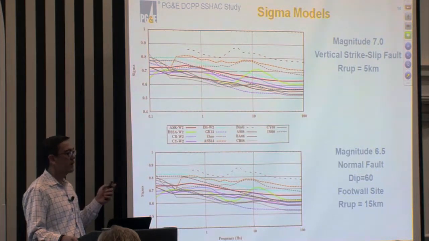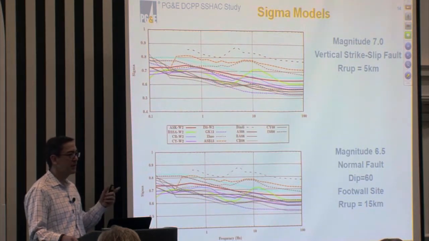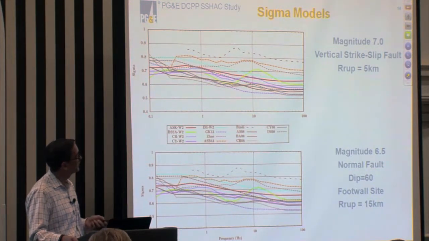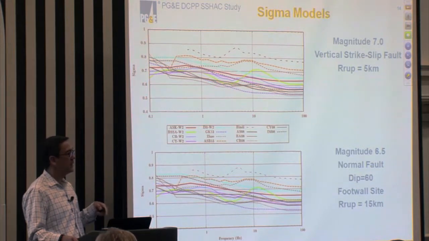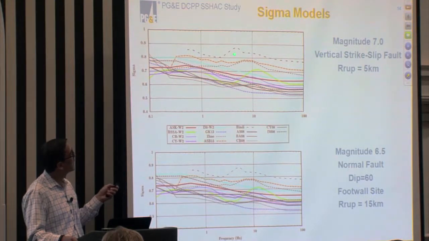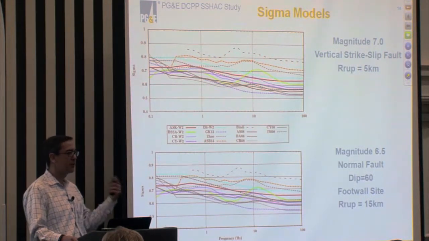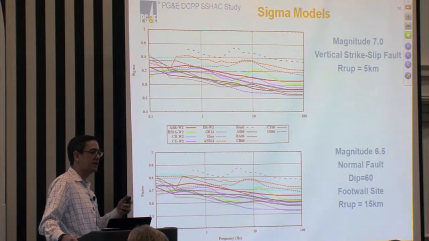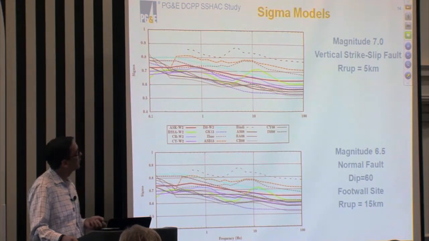If you remember back, the Bending model has issues at large magnitude and large distance, with high frequency values that are quite high. You'll see in some of the plots a little later that for some of the median values the Bending model is low, but its sigma value is the highest of any of the models. So by the time you put it into the hazard sensitivity analysis, they trade off, and in some cases it ends up plotting in the middle with the other models.